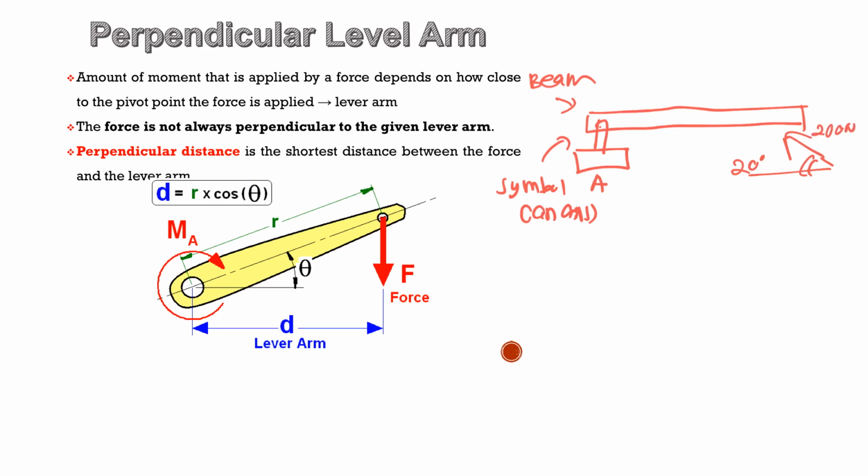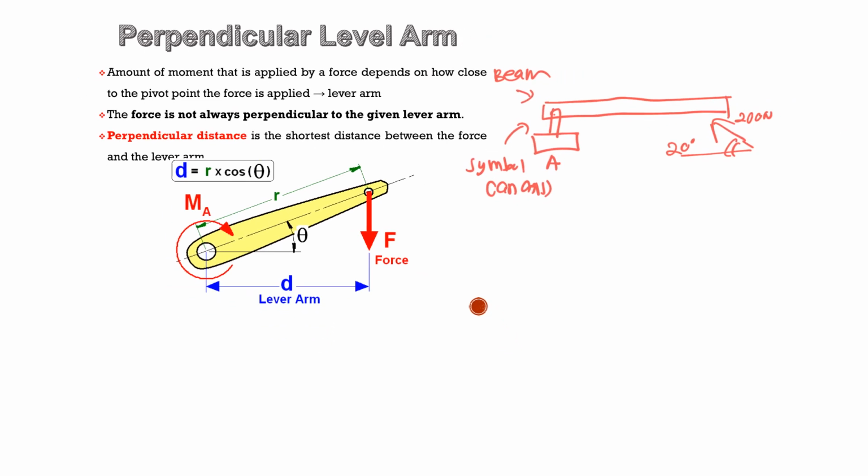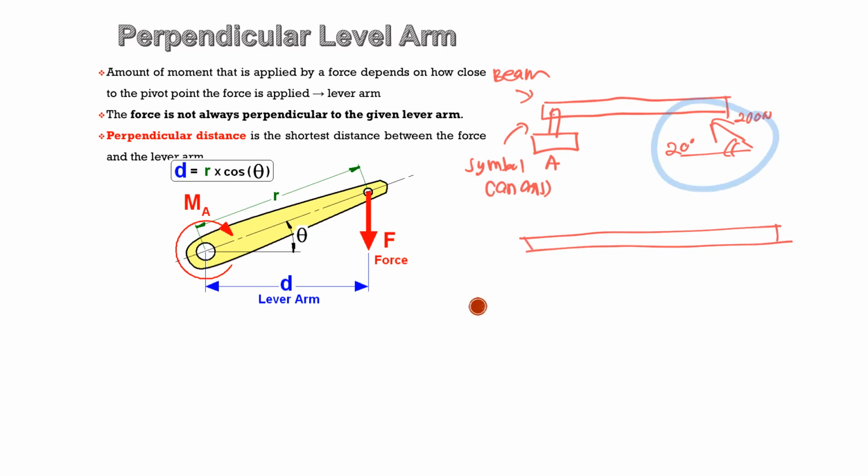So what happens here? Is there any rotational moment? Is there any rotational motion? Definitely there is going to be, but we need to change the diagram a little bit. When you have a beam and the force is not perpendicular, you need to resolve the force, which means you need to put it into the x-axis and y-axis.